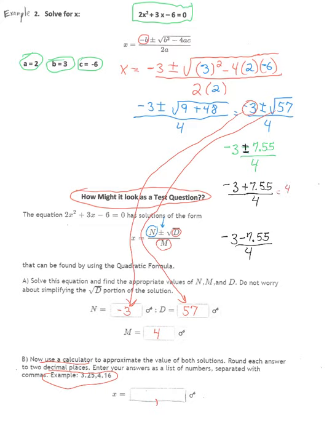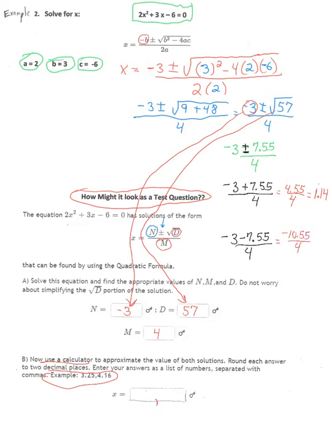Let's see what those numbers turn out to be. This turns out to be 4.55 over 4, and that turns out to be approximately, and these are all approximations when we pull our calculator out, 1.14. And here we're going to subtract, and we get -10.55 over 4.